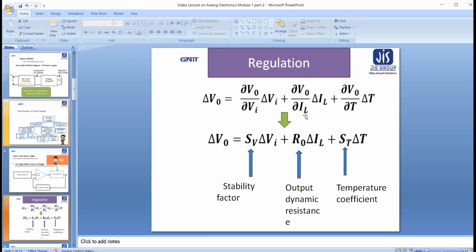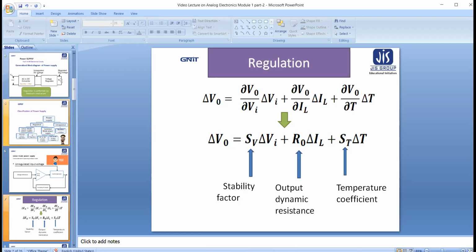Second parameter, if we look carefully, is a ratio of voltage and current. We know voltage by current is nothing but a resistance, as this is not a static voltage, rather a change in the output voltage divided by change in the output current. So it will obviously equal the dynamic resistance, because dynamic means it will change due to the change in the current.